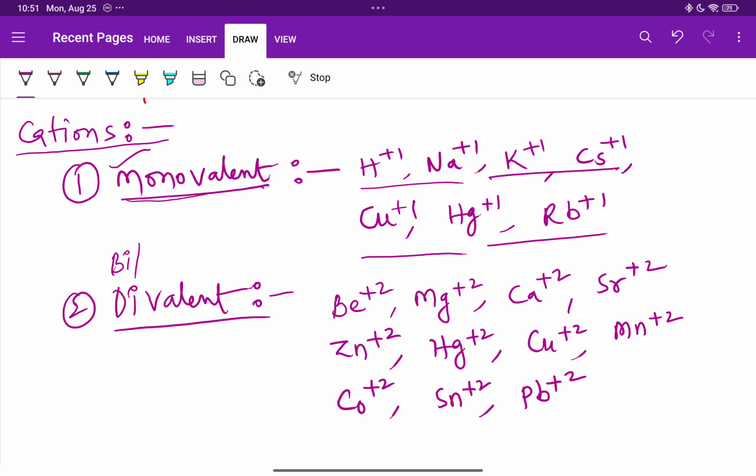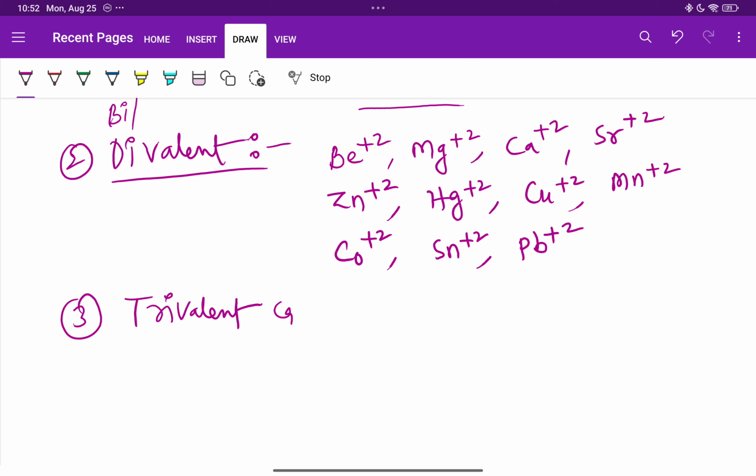Next, trivalent cations. Trivalent cations are the atoms whose valency is 3, or the atoms with plus 3 charge. So Fe+3, Co+3, Sb+3, Al+3.